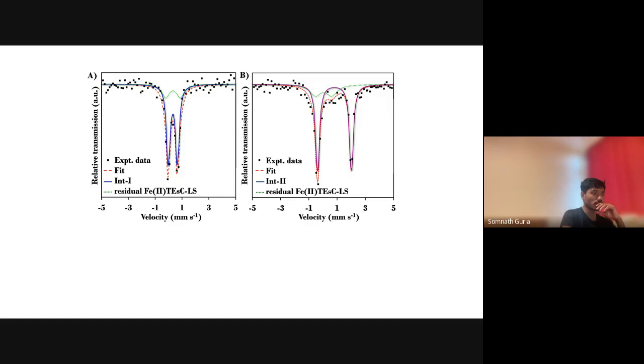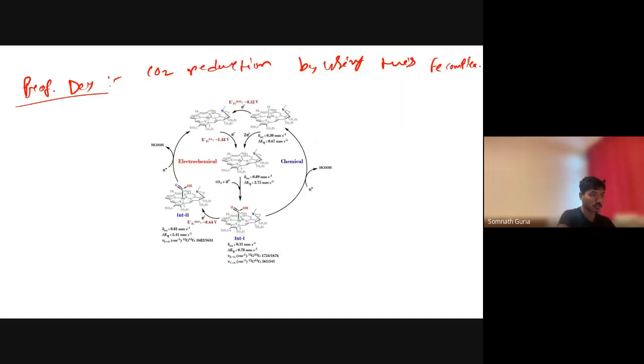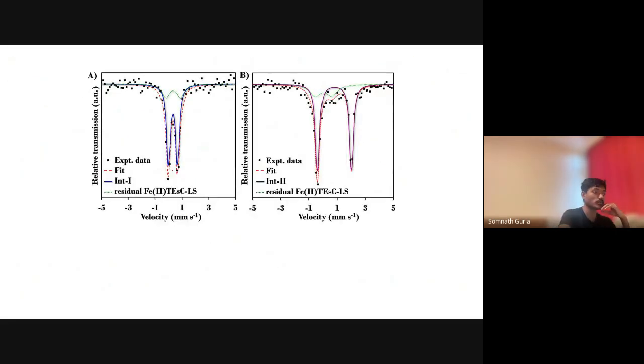And then they found this intermediate, this one is the intermediate, this is the iron 3. So iron 3 will be in the more negative direction, around more negative than my iron 2. Here we are talking about the iron 2 spectrum.